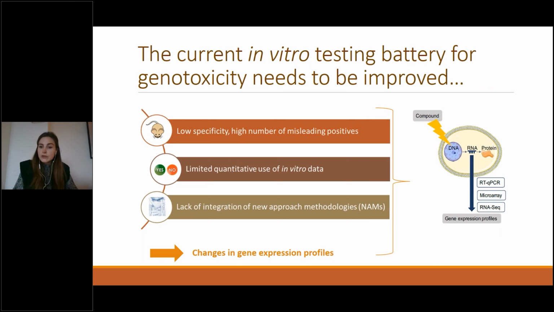Different technologies such as qPCR, microarrays, or RNA sequencing are able to identify such gene expression profiles or signatures. By combining such gene expression profiles with machine learning algorithms, new predictive models for genotoxicity could be developed.